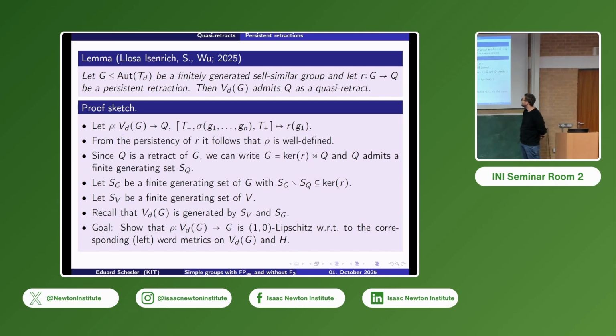I think you said that G wasn't necessarily a quasi-retract. Yes. So is the identity not a persistent retraction? The identity, you mean, is the identity from VDG to VDG? You mean to the trivial group, or? G to G. That's right.